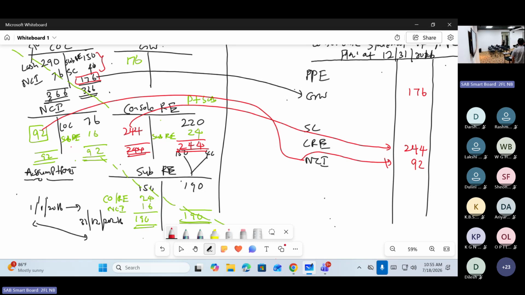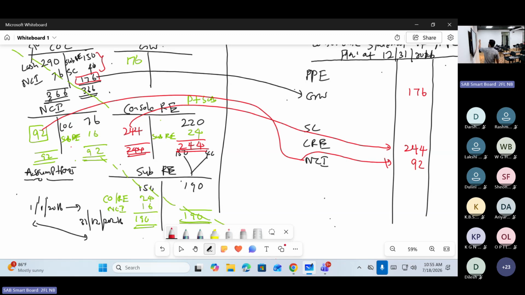What's the consolidated earnings? Subsidiary retained earnings and the parent's retained earnings. How is it built up? Parent's opening retained earnings plus subsidiary post-acquisition retained earnings. This is 244, right?